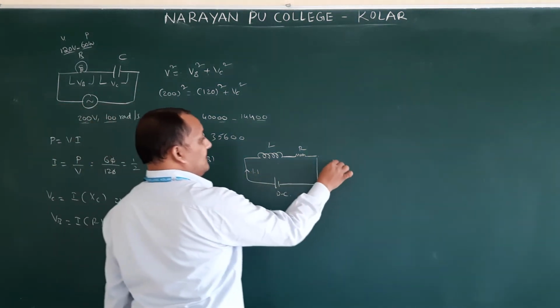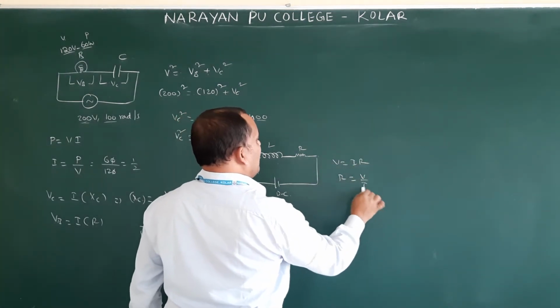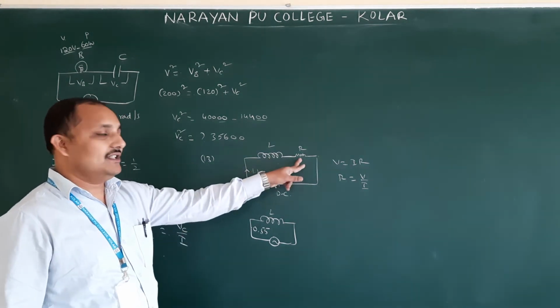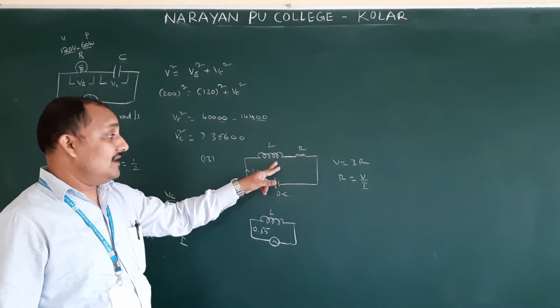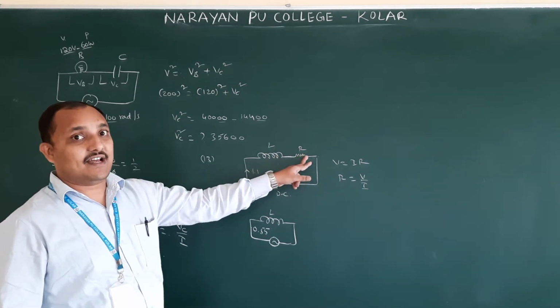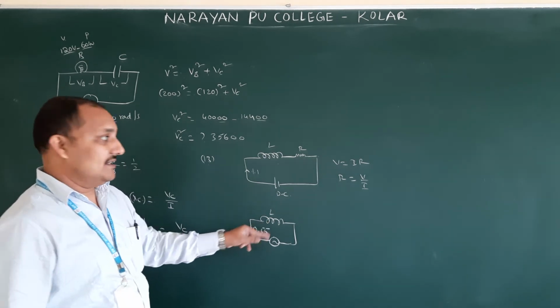Then V is equal to IR, so R is equal to V by I. For DC the inductor will have some resistance, that is the R value. For AC it won't have resistance, it will have impedance.